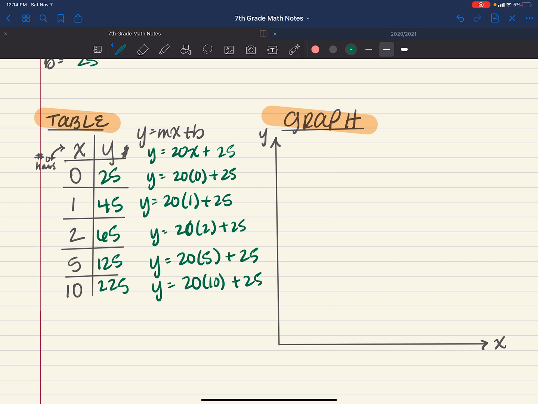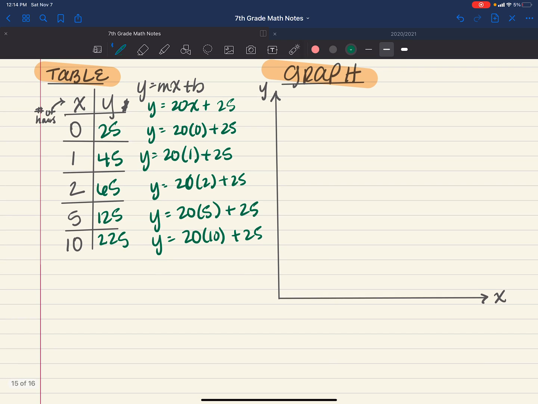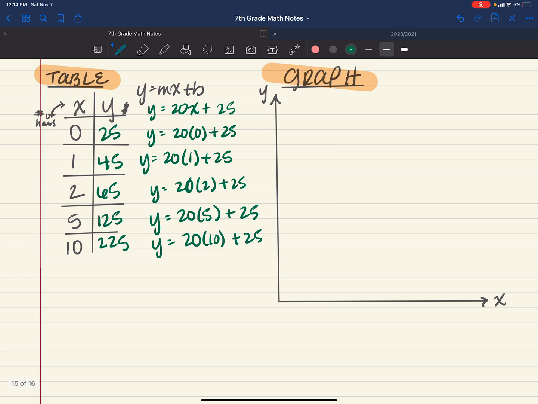Looking at my table, I know x is going to be my number of hours, so that's always going to be the horizontal line here. Let me write, this is time in hours, because we like to label our x and y axes. 1, 2, 3, 4, 5, 6, 7, 8, 9. There we go. It's not the best, but that's okay.